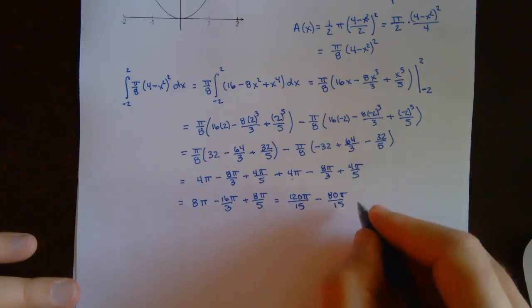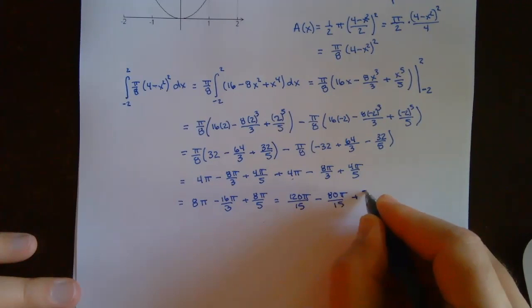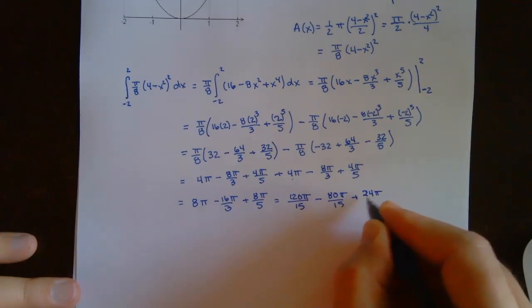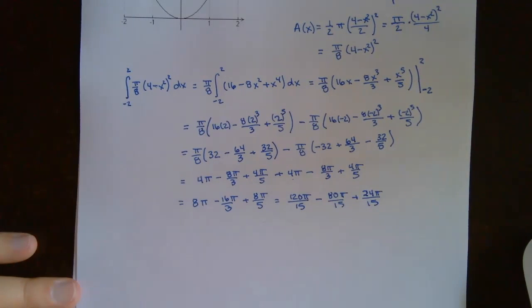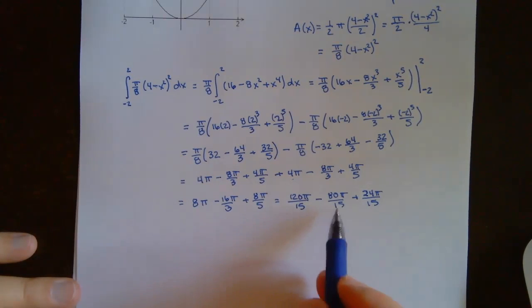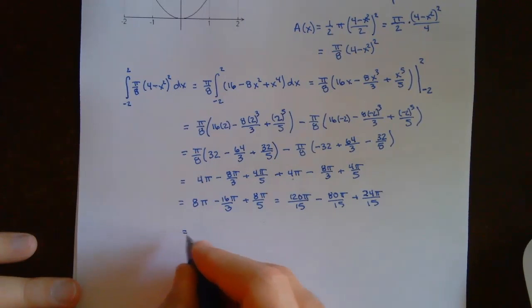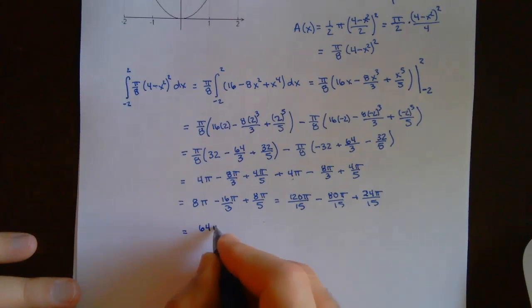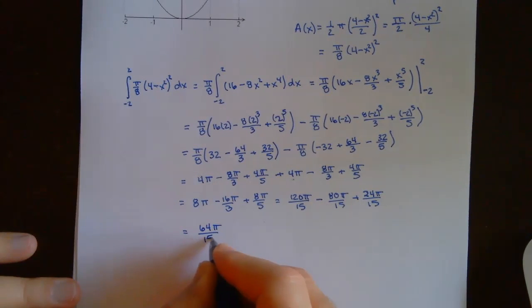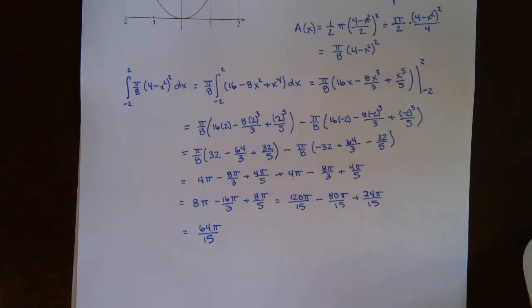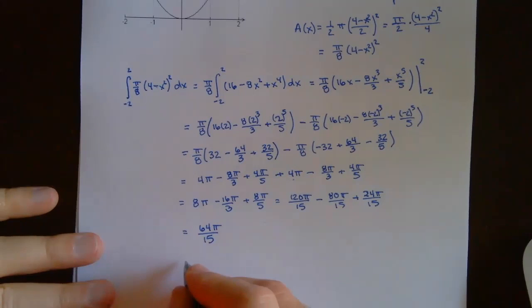And here we have to multiply by 3, so plus 24 pi over 15. So this would make 40 plus 24, so 64 pi over 15. And that'd be the volume of it. You can put it in your calculator and you'd get 13.404.